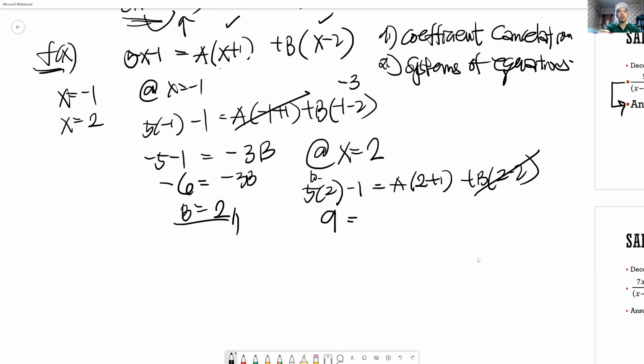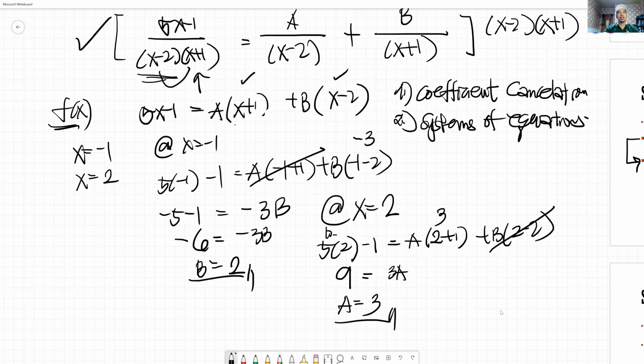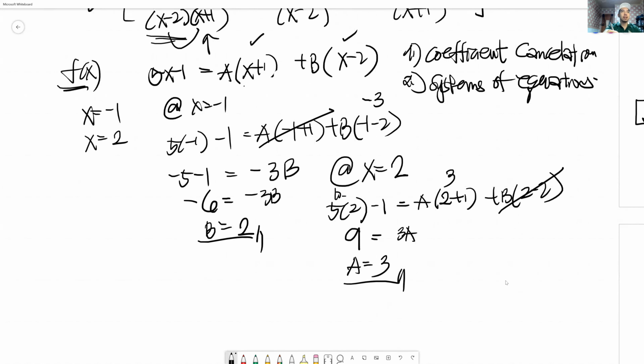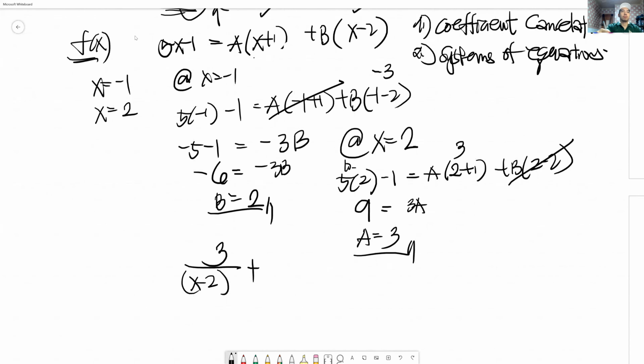Is equal to A times (2 plus 1), so that is equal to 3. So we have here 3A. So the value of our A is equal to 3. We will now substitute this back to this equation. Kanina, hindi pa na-decompose natin. So that we can now rewrite that as 3 over x minus 2 plus 2 over x plus 1.